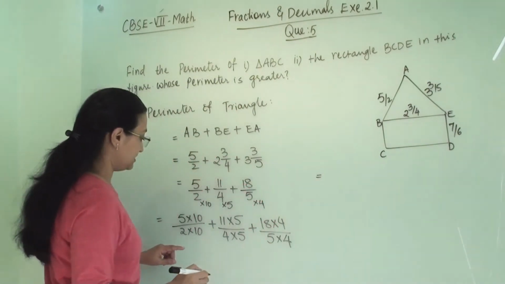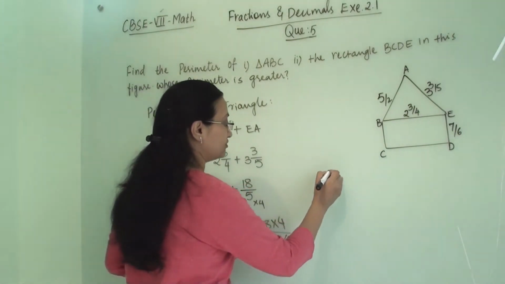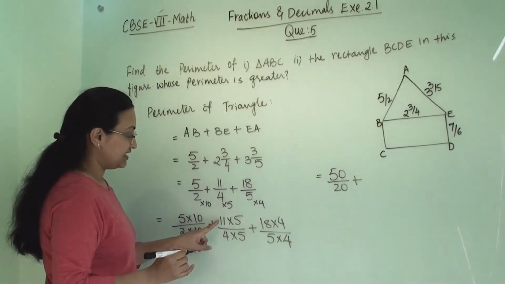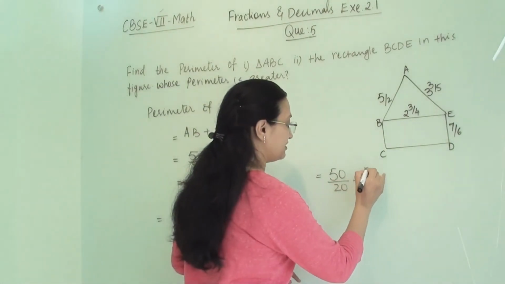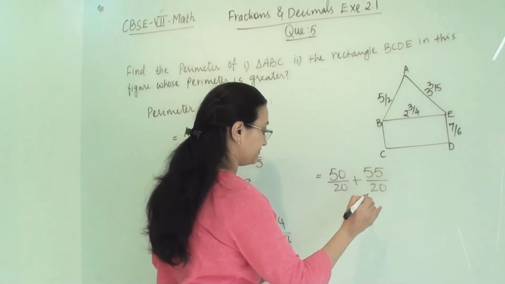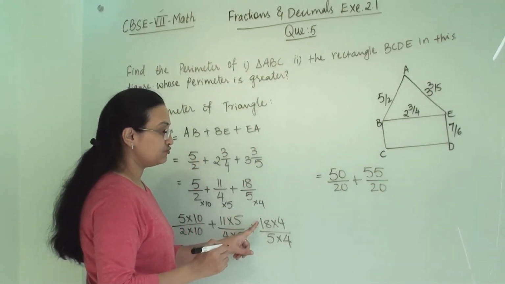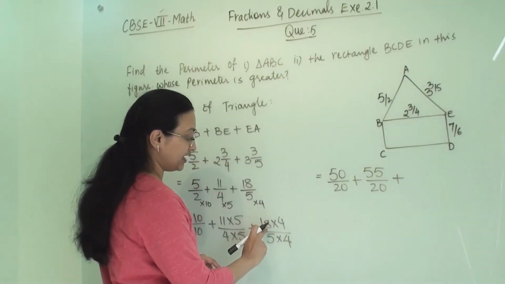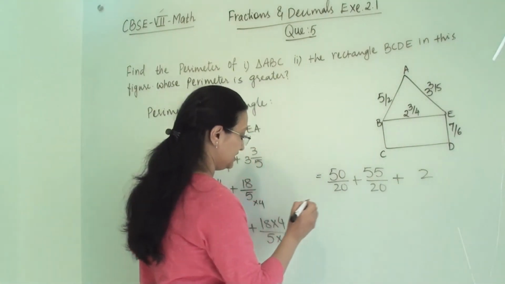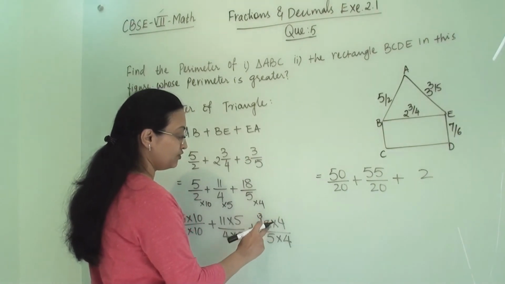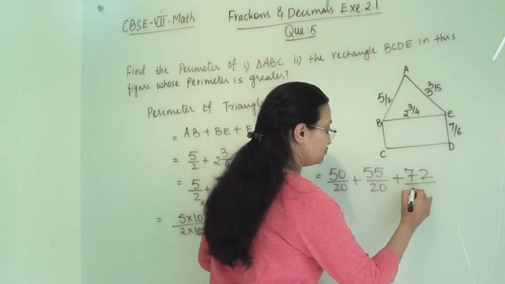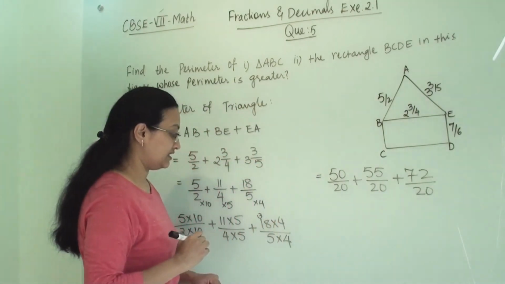Now let us write all these multiplications' answers. So we will get here 5 into 10 equals 50 divided by 20 plus 11 into 5, so 55 divided by 20, 18 into 4, so we will get here 72 divided by 20.